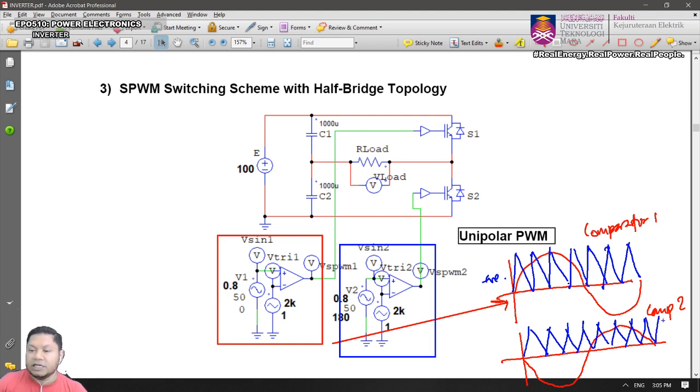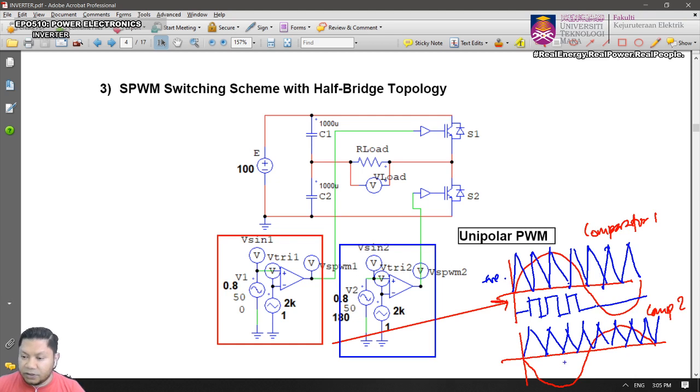So in this case, you can see that whenever Vm is greater than Vc, you're going to have a pulse from there to there, for example. Then it is off, and next you will be off all the way to 360 degrees because the modulating signal is always below the carrier signal, so it's always 0 here.